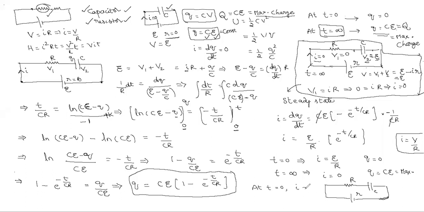So this is the current at t is equal to 0 for a cell which is not ideal. For an ideal cell, we already took t equal to 0, I is E by R. So you understood? Will you apply them properly in numericals?